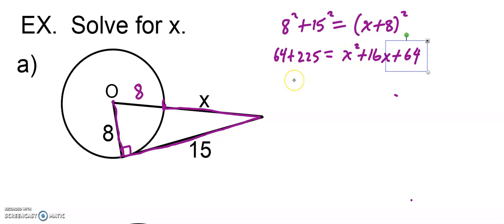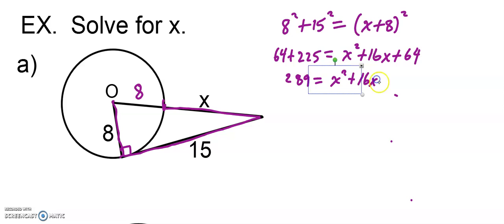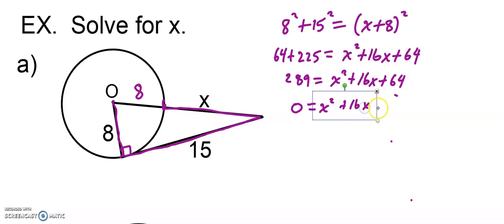So I'm going to subtract the 64. Actually, let's add this together first. I get 289 equals x squared plus 16x plus 64. Subtracting the 289 across, I get 0 equals x squared plus 16x minus 225.